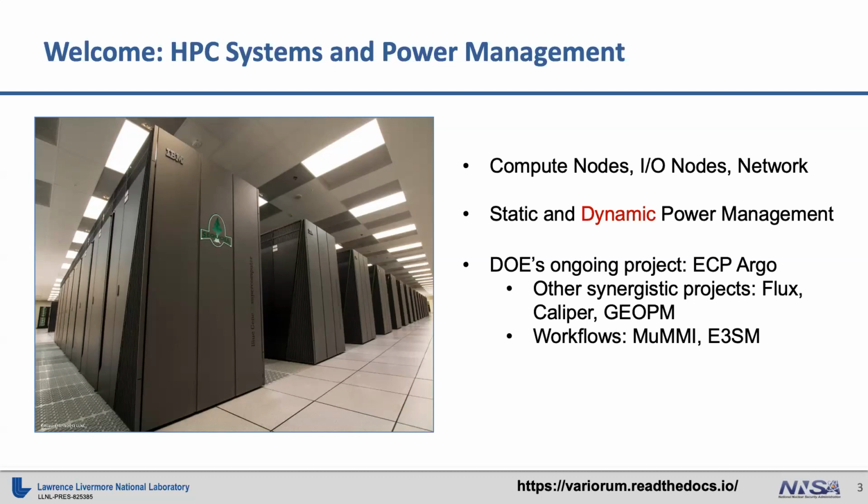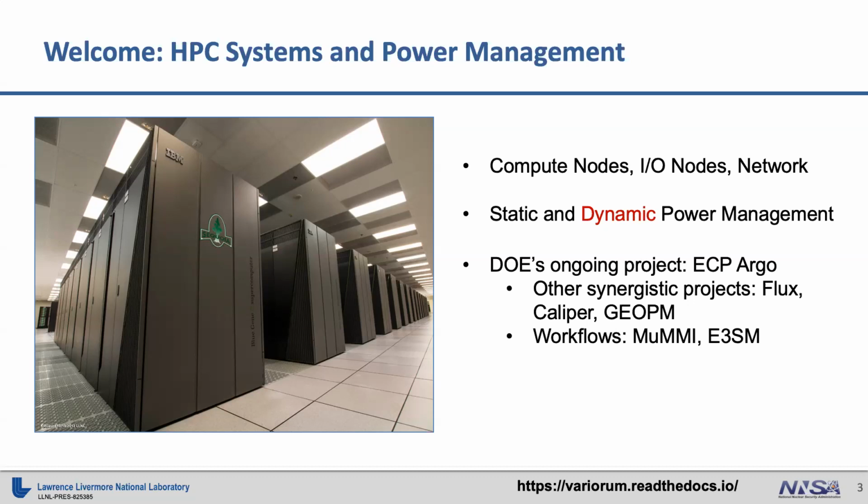On top of that, there is static power management, where we look at setting or getting power in an environment where we are not changing the power cap much. These changes are made at system bring up or during maintenance cycles, and then nothing changes after that during execution of jobs.